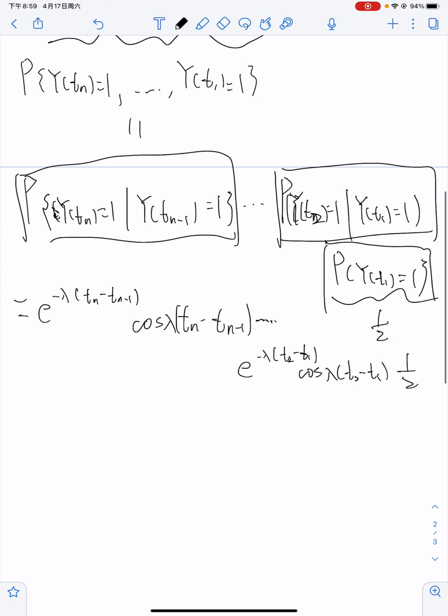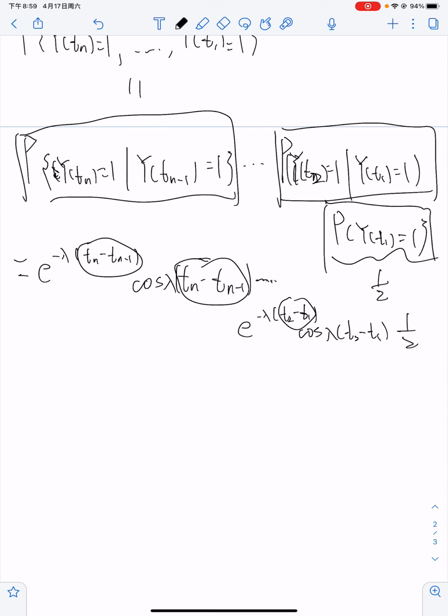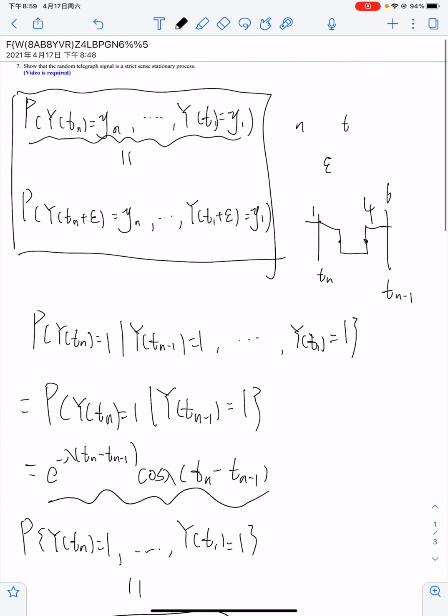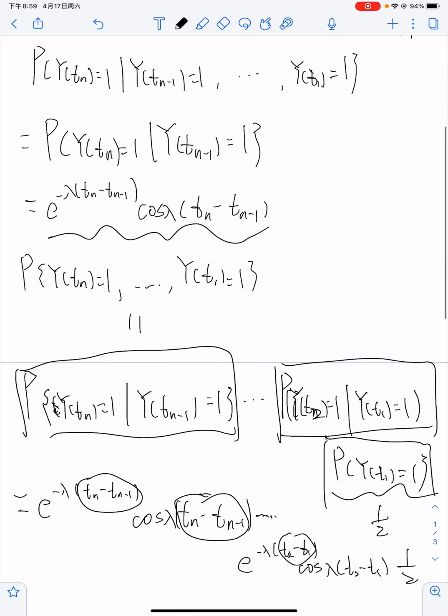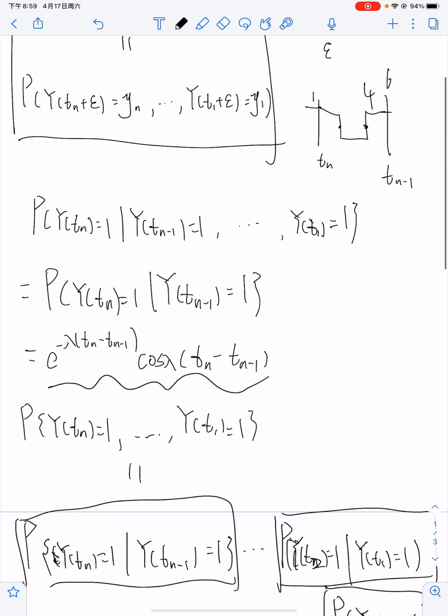So here we can see we are only worried about the difference between the two closer items, so we write this down in this form.